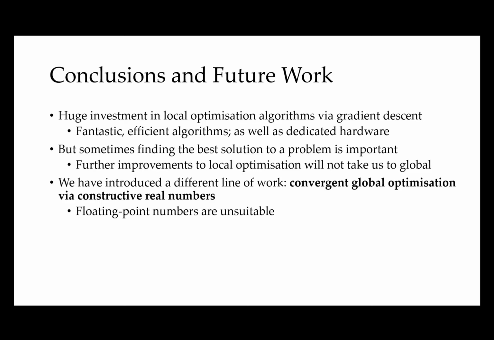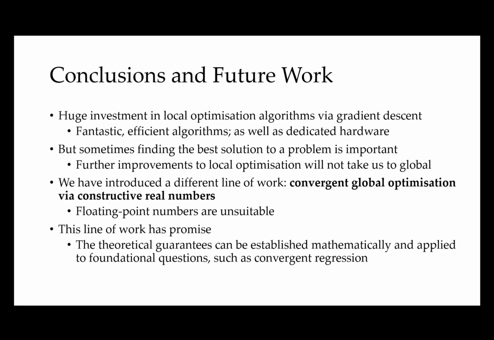And we've seen how we can apply this to situations that are already very important to machine learning, like regression, for instance. So I think this line of work has promise. The theoretical guarantees can be established mathematically and applied to these foundational questions such as convergent regression, which is interesting from a mathematical point of view, but additionally, it can be interesting from an actual algorithmic point of view of machine learning, because we know now that in these particular situations, we never get an incorrect result.